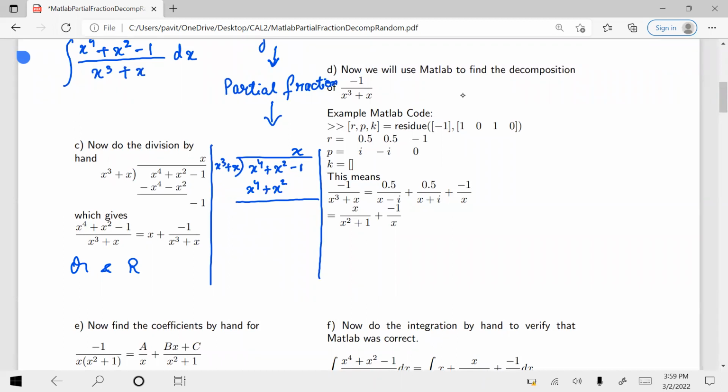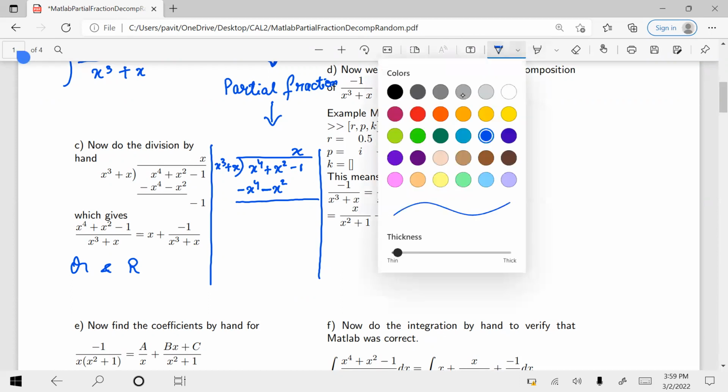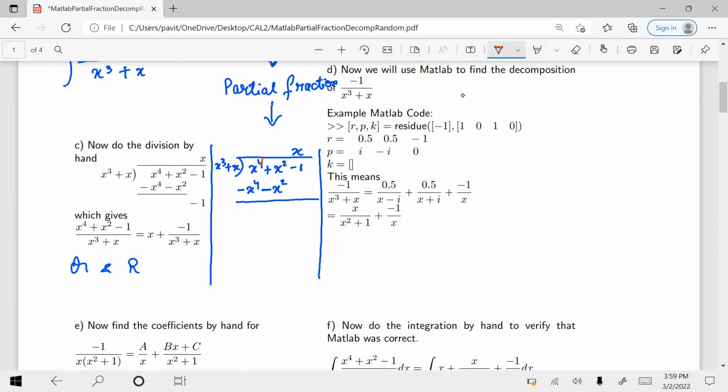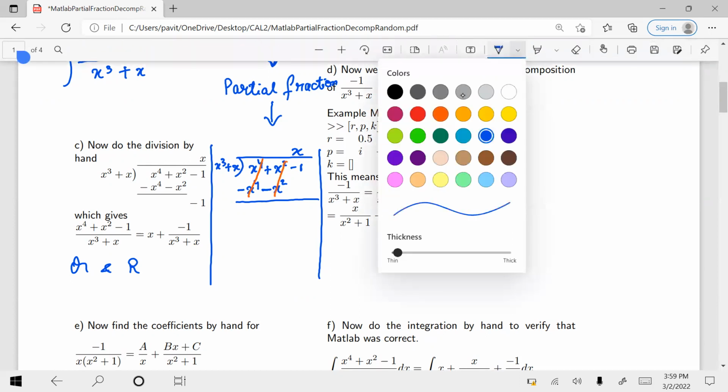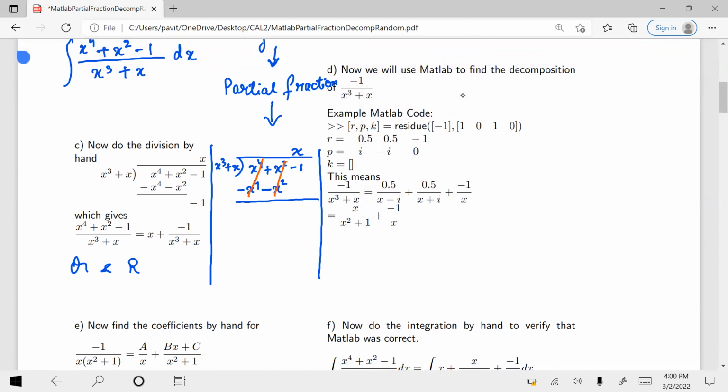What can I do? I can multiply only this function with a negative so that both become negative. And now we can easily cancel the x to the power of 4 and x squared. Okay, understood till now? Do you want me to repeat any steps?